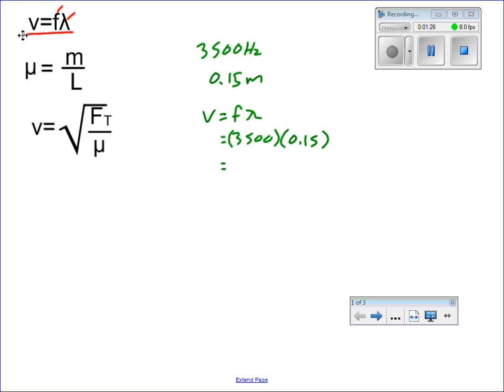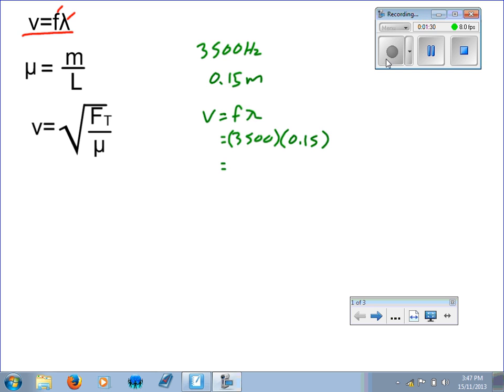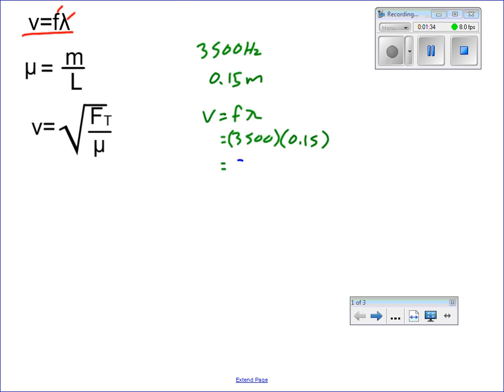Let's do the calculation. You try it, I'll try it. So I get 525 meters per second. That'd be a very fast wave if it was a sound wave.